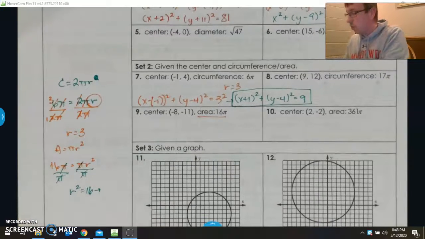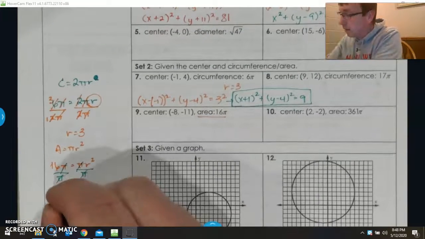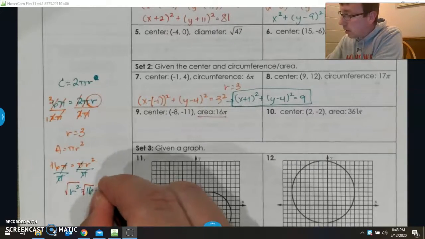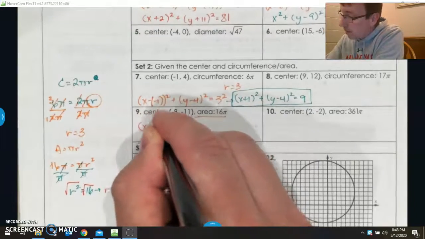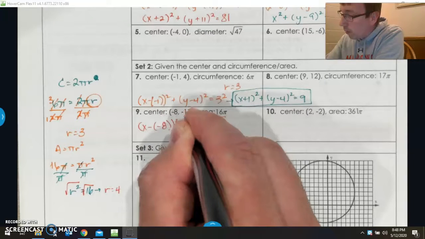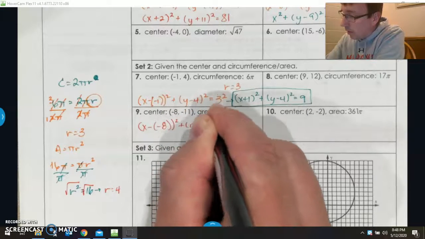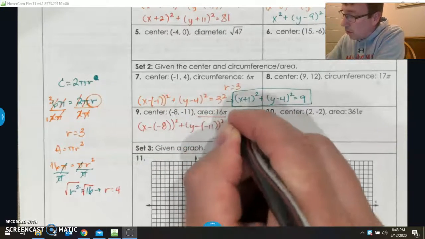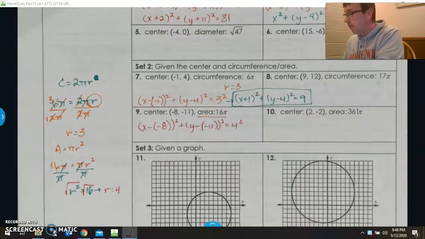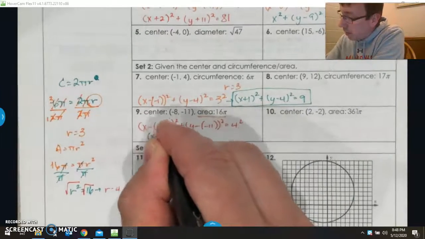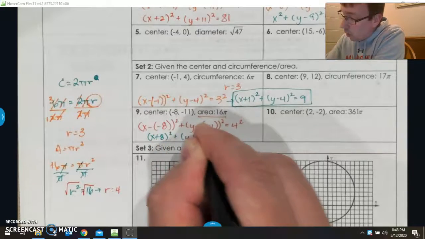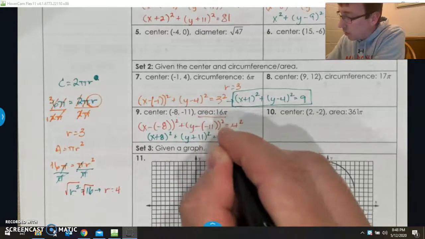If I take the square root of both sides, r will equal 4. So (x minus -8) squared plus (y minus -11) squared will equal 4 squared. If I had to simplify that, I'd have (x plus 8) squared plus (y plus 11) squared is equal to 16.